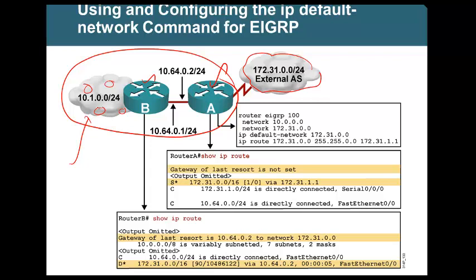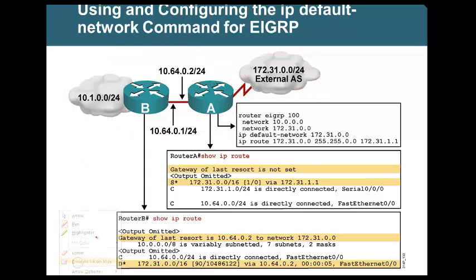So this is another way of using a default route. You see, this is your edge router, and this is your ISP network. That ISP network, you define it as a default network. You say to router A, if you don't know anything, just send your packet to this network.